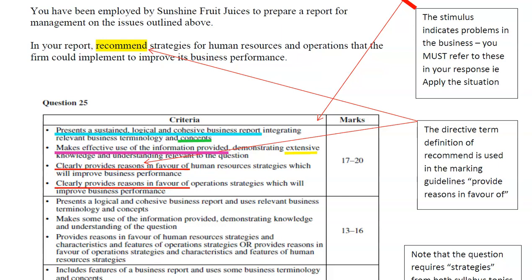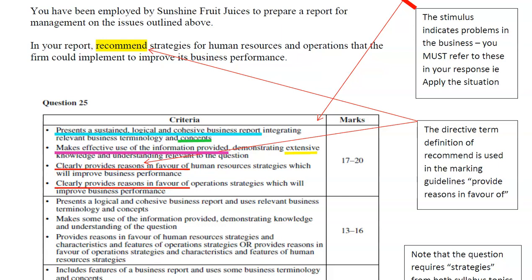So the first point in the criteria is presents a sustained, logical and cohesive business report that has come straight from the rubric, that it makes effective use of the information provided, referring to the stimulus, that there's extensive knowledge and understanding that's related to the question, which links to the directive term, and clearly provides reasons in favour of human resource strategies and clearly provides reasons in favour of operations strategies. So that's the content that needs to be addressed in the response.